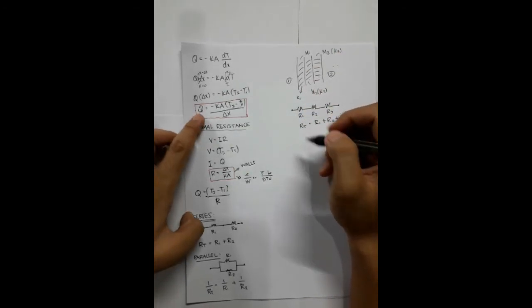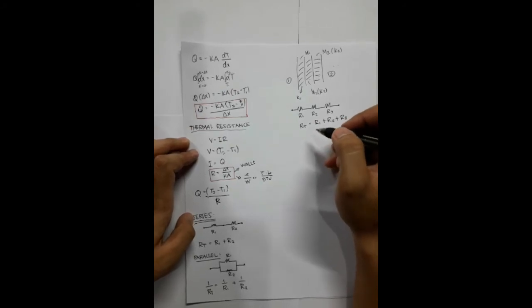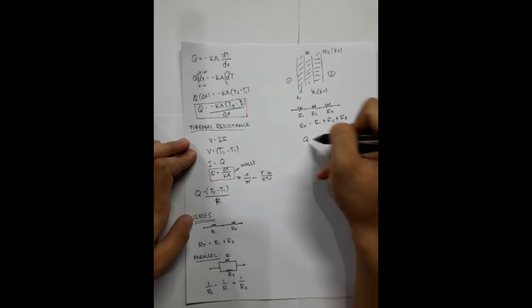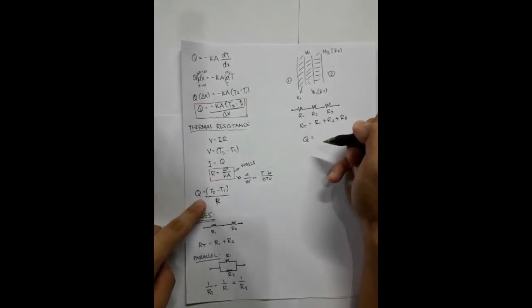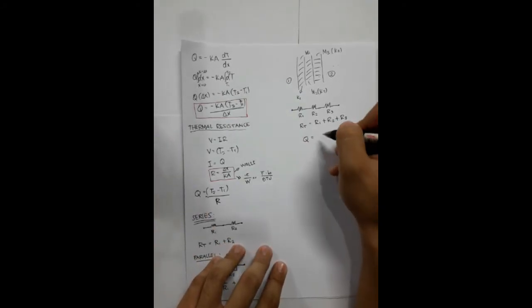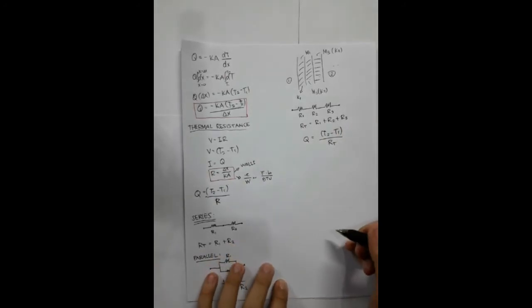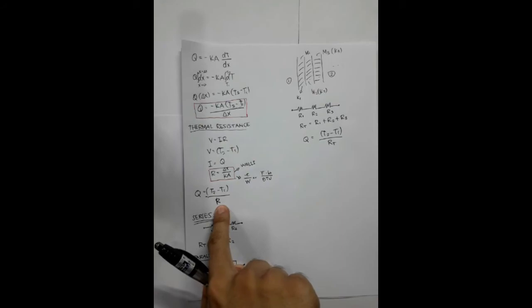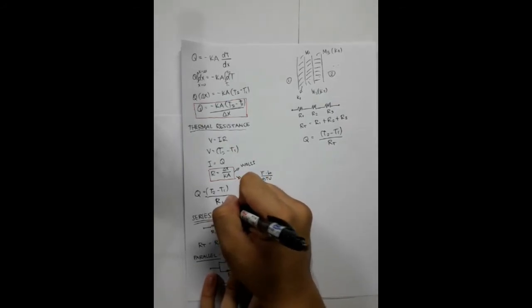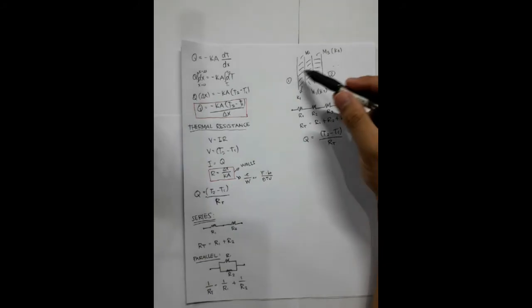So, substitute lang natin dito sa ating main formula ng heat conduction, which is Q equals, or dito po yung na-derive natin, which is Q equals to T2 minus T1 over yung total resistance. So, in short, itong R dito, total resistance po yan lagi. Mapa isa, dalawa, or tatlong material man yung ina-analyze natin na wall.